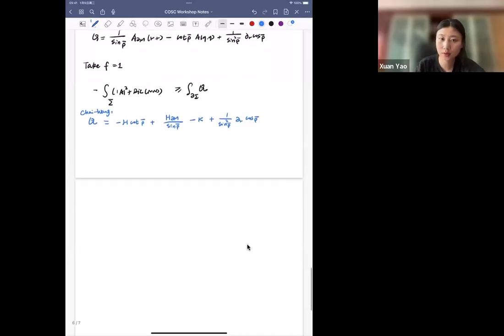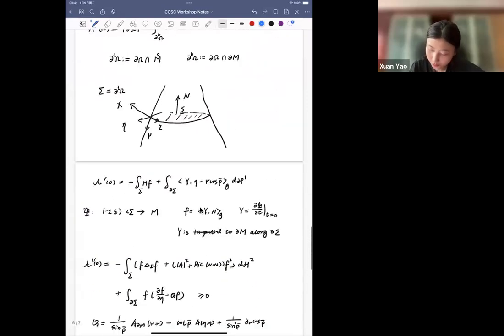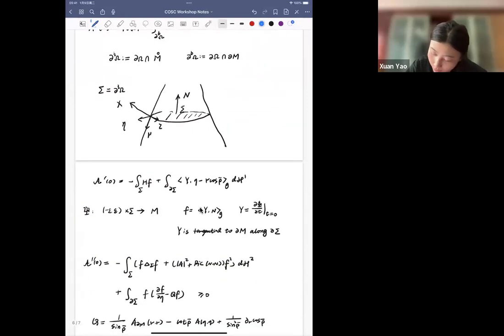So why is this true? Let's go back to this picture and look at the definition. Because sigma intersects the boundary of M with the prescribed angle rho bar, you have the inner product of X and n equals cosine rho bar.